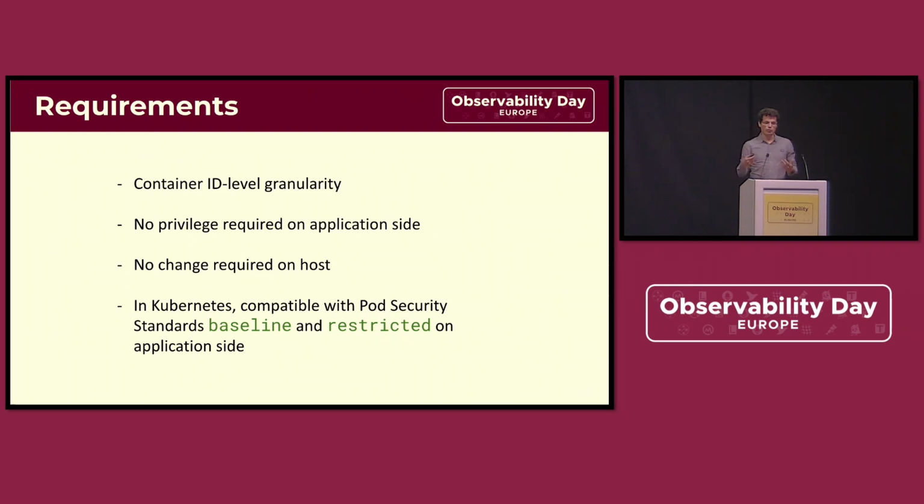The second is we don't want to add any privilege on the application side, because it would change the security profile of these applications and cause a lot of trouble. We don't want to change anything on the host, because that would add some friction at onboarding time to add observability. And finally, in Kubernetes, we want to be compatible with the pod security standards baseline and restricted.